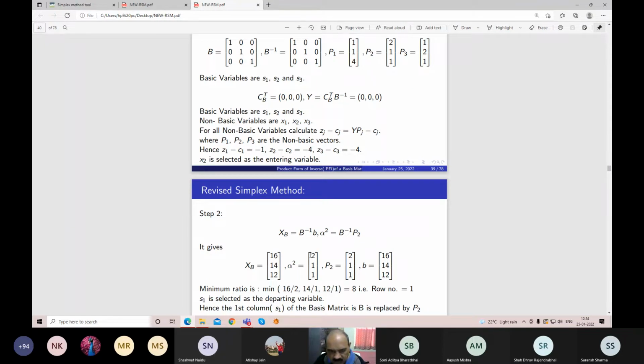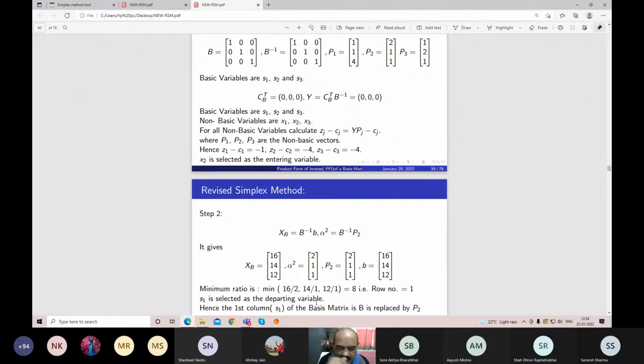There are 3 basic variables, S1, S2, S3: S1 with respect to the first row, S2 with respect to the second row, S3 with respect to the third row. Since it is representing the first row, S1 is the departing variable.